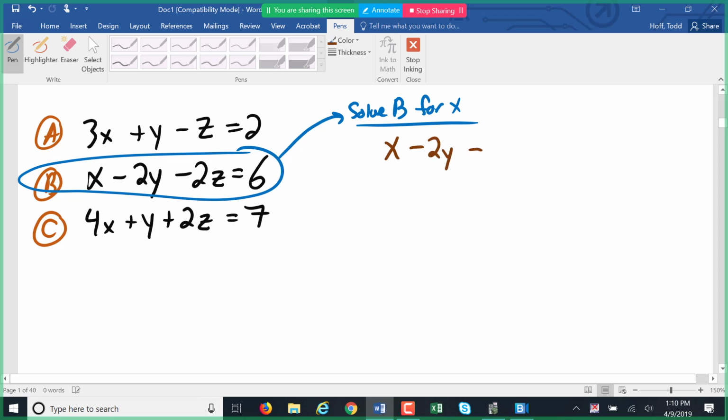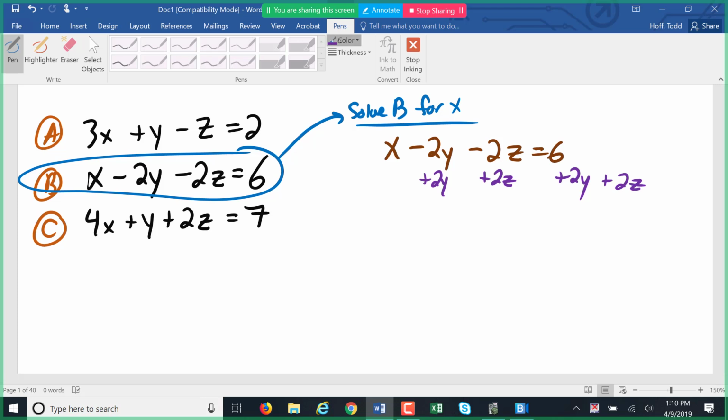So x minus 2y minus 2z equals 6. I need to solve that for x. I'm going to get rid of the 2y by adding 2y to both sides, and I'm going to get rid of the negative 2z by adding 2z to both sides.